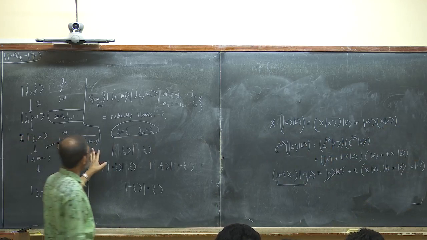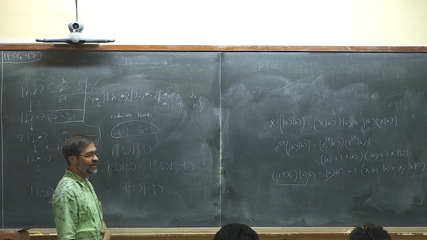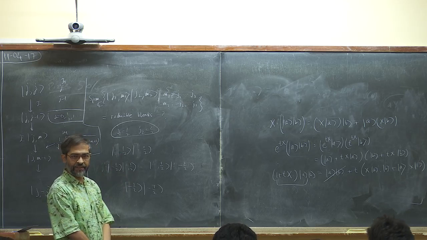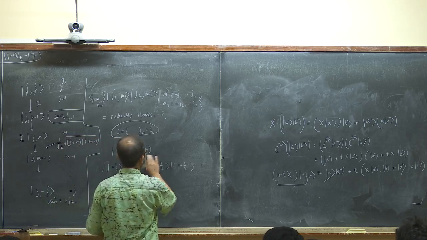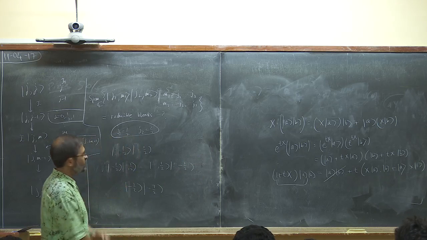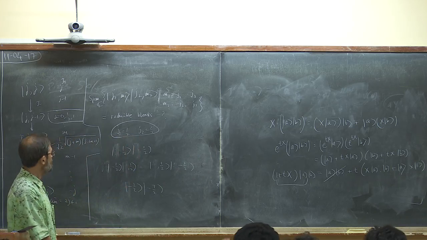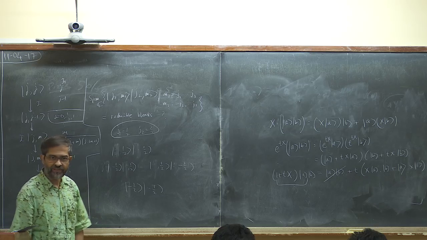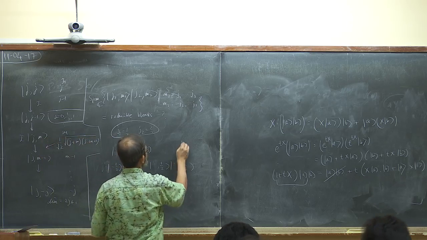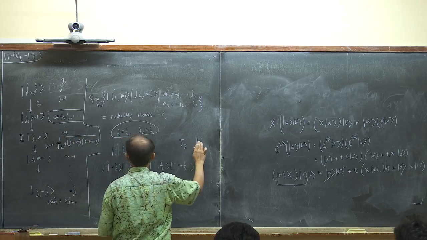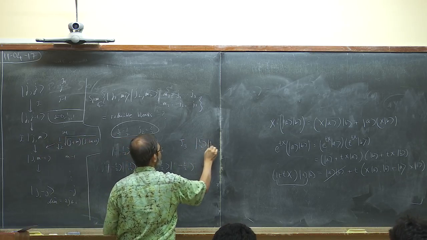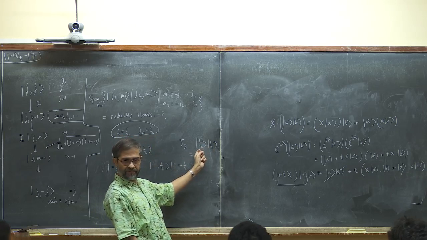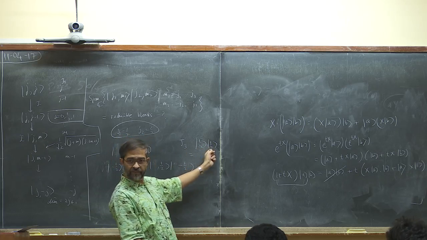Now I claim that with that definition, this is annihilated by J plus. Consider J3 acting on this. I apply the Leibniz rule. So J3 acting on this half gives me a half, and J3 acting on this half gives me another half.